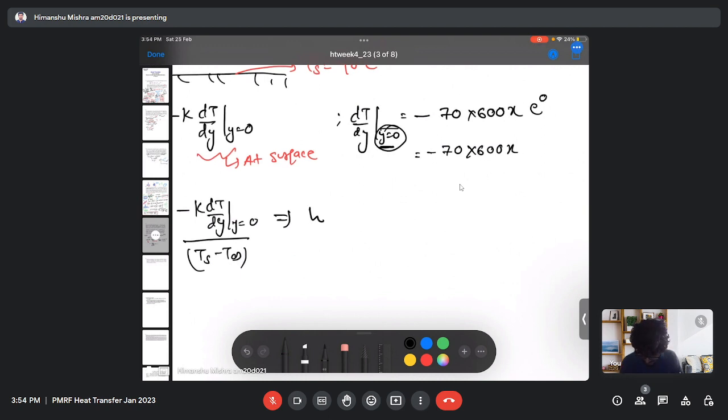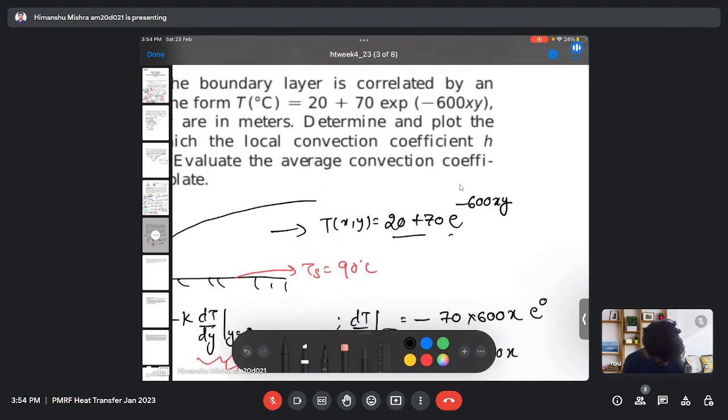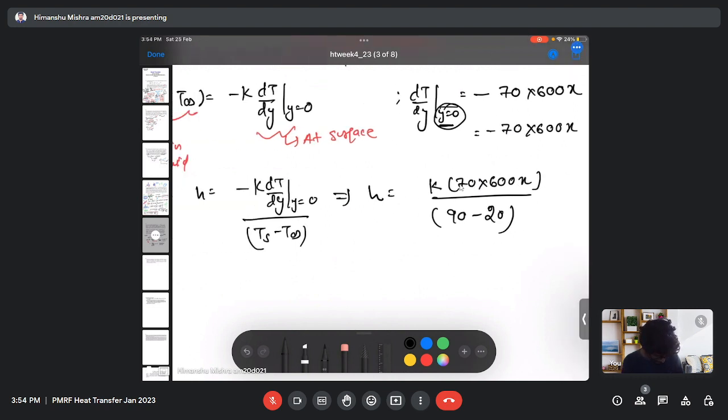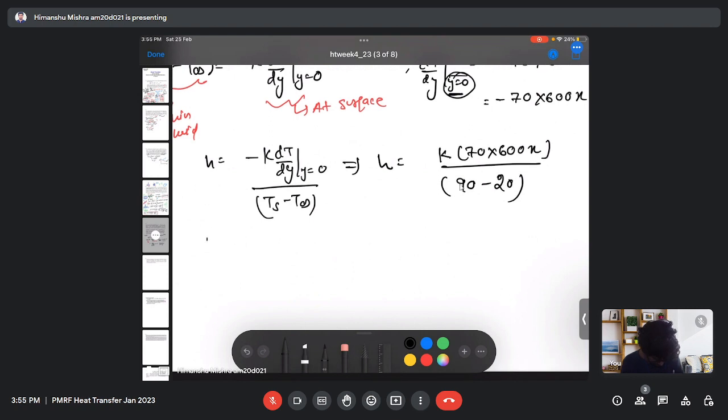So my heat transfer coefficient will be k, with Ts as 90 and T infinity as 20. On solving this, I am getting the heat transfer coefficient as 17x k.